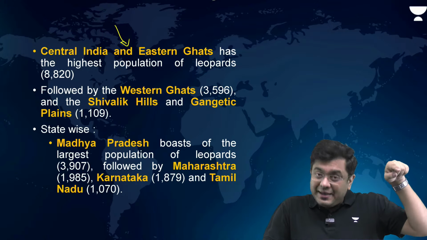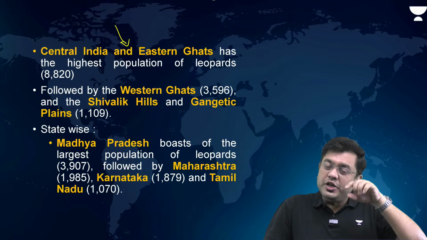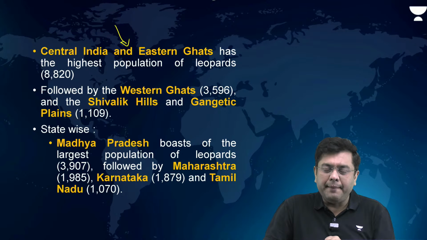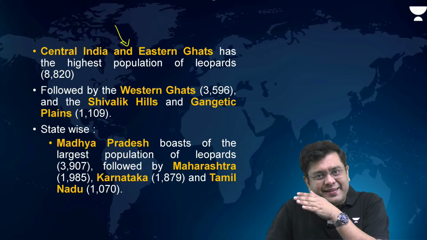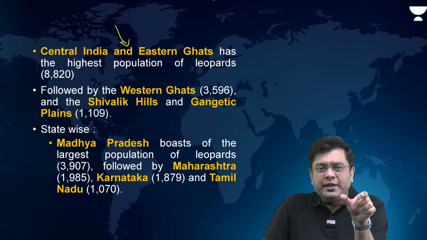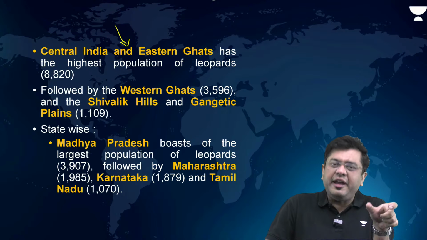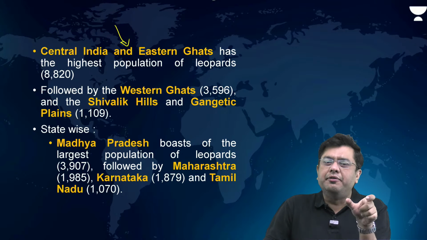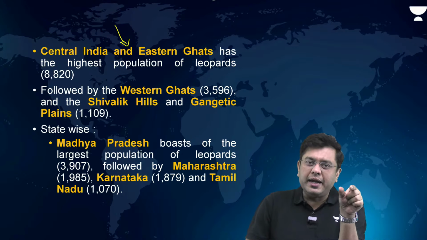At one point of time in the entire Tarai Arc landscape region, leopard population used to be very high. But as systemic deforestation of the Tarai happened, the natural habitat available for leopard started shrinking.